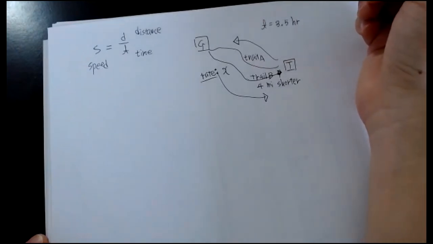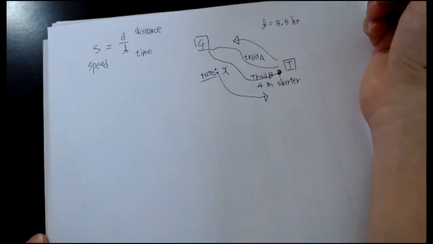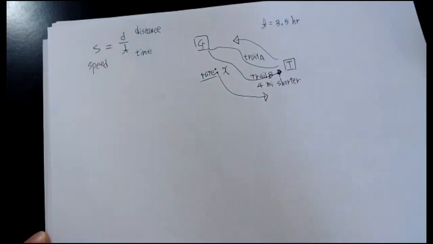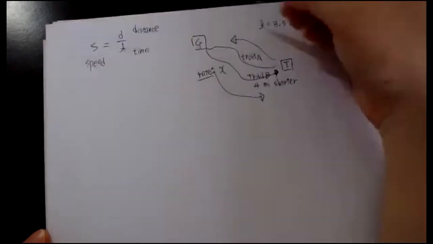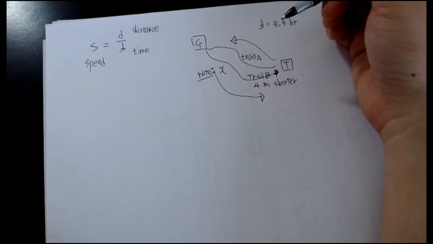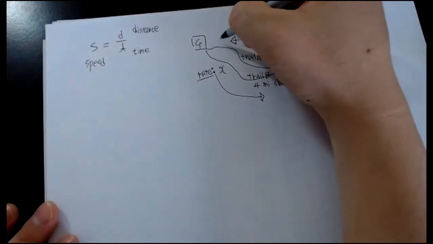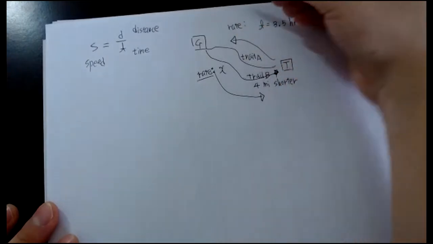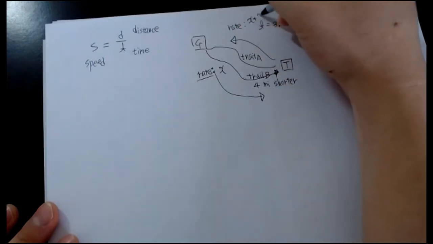Now the other information. 4 miles shorter, and they hiked 2 miles per hour slower than when they were going down. So the rate when they're coming up is x plus 2, right?